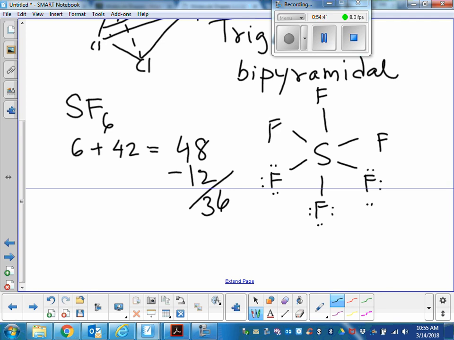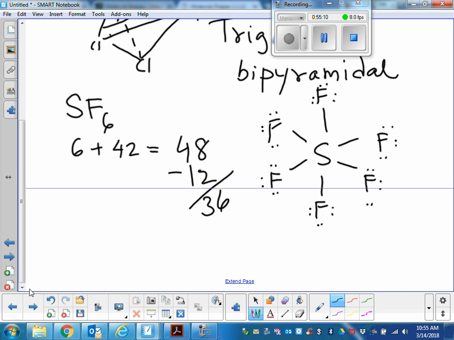What is the shape of this molecule? What will this molecule look like? There is a square base. Are you with me? The square base has 4 bonds.